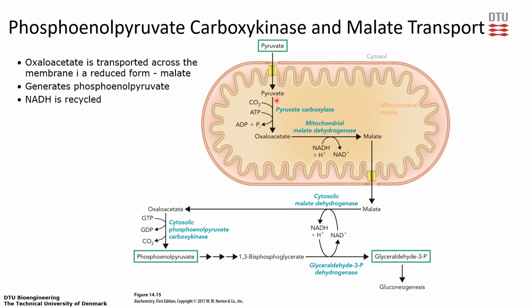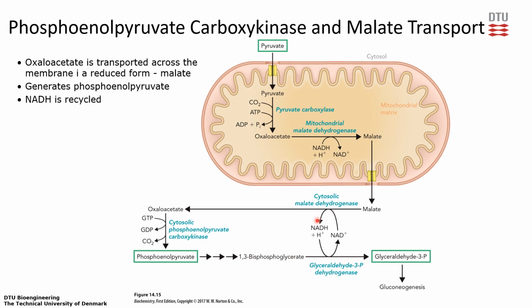So pyruvate to oxaloacetate, we just discussed that. That is then via NADH transformed into malate. That malate is transported across the membrane again into the cytosol. And here the malate dehydrogenase turns this back into oxaloacetate, which leads to phosphoenolpyruvate.